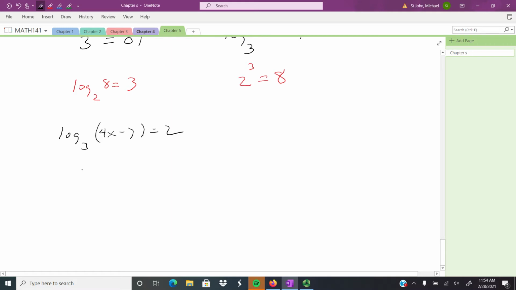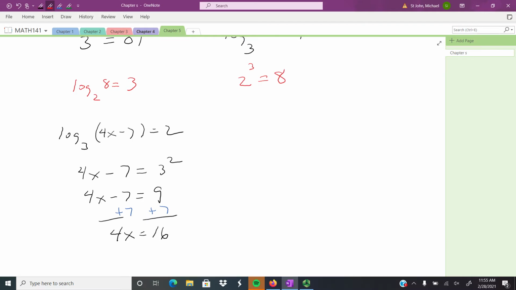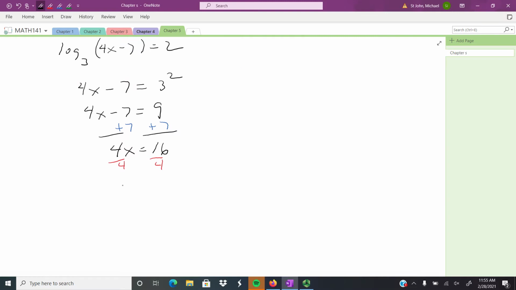Well, this would be then 4x minus 7 is equal to 3 squared. 4x minus 7 equals 9. Add the 7. So 4x equals 16. And then we could divide, and we get our value of x. So x is going to equal 4.